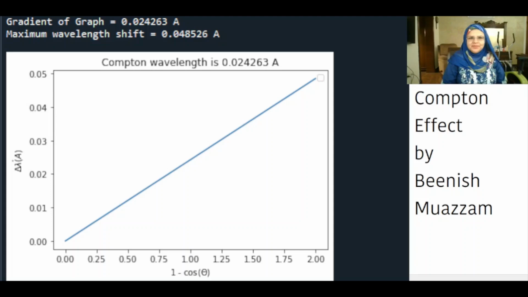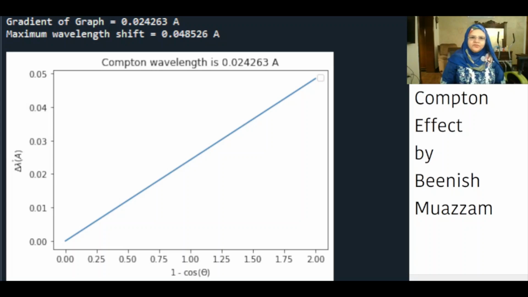0.024263 angstrom. This is the Compton wavelength of the electron. The maximum wavelength shift is equal to 0.048526 angstrom and is twice the Compton wavelength. The maximum value 1 minus cos theta can have is 2 when theta is equal to 180 degrees.